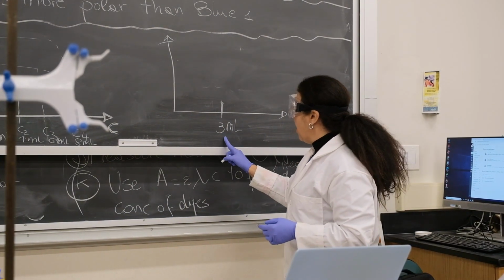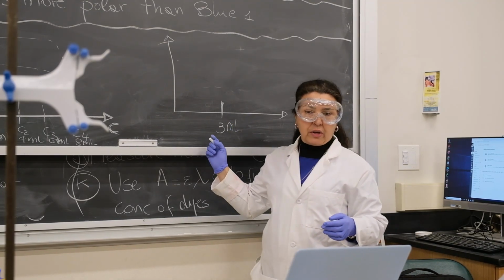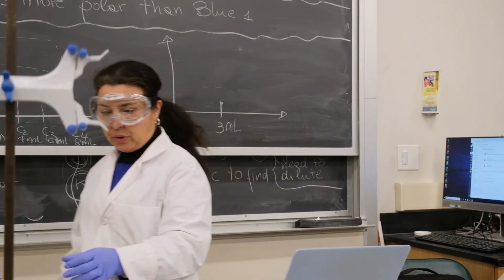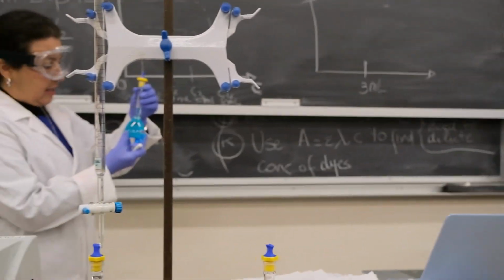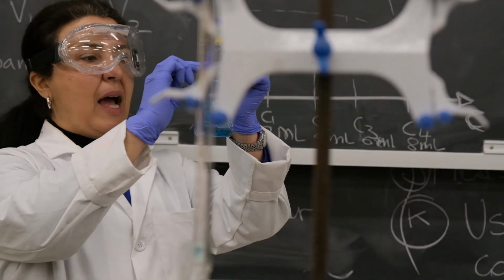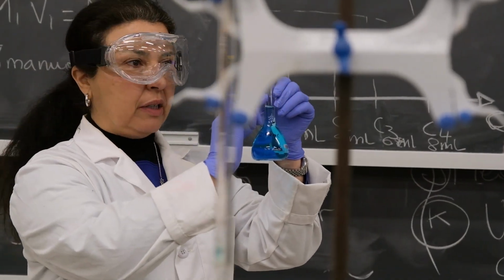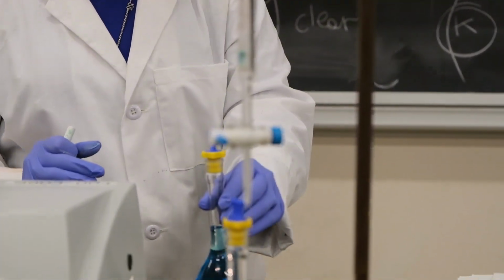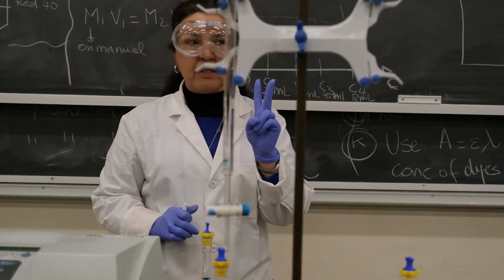So what you're going to do is prepare the solution like you did in experiment 13 by putting the 3 milliliters, adding water to the mark, and you're going to use this solution for two purposes.